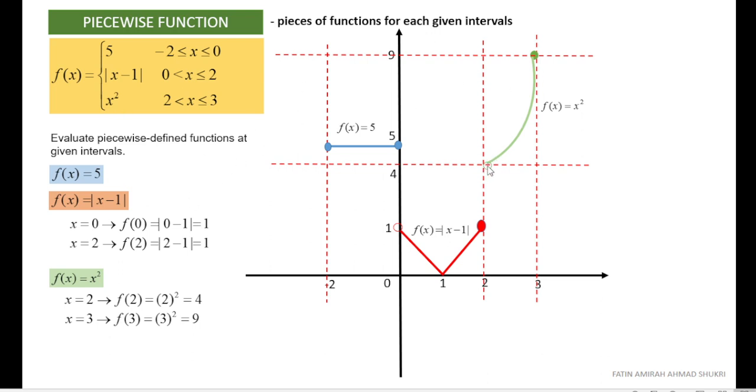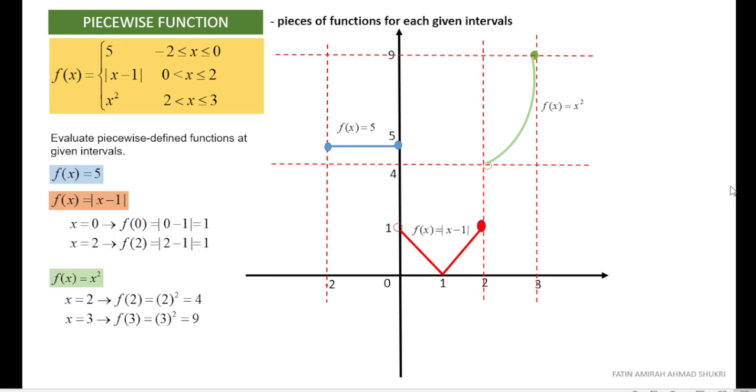Cuma because kita kena restrict our ni within the interval yang dibagi 2 dengan 3. So, this is we call piecewise defined functions at the given interval. So, kalau dekat sini x equal to 2 not included kan? That's why kat sini saya unbold. So, this is bold.